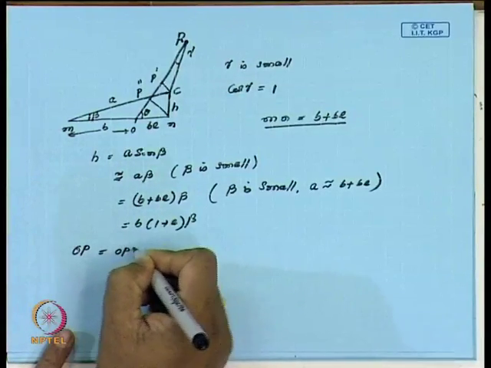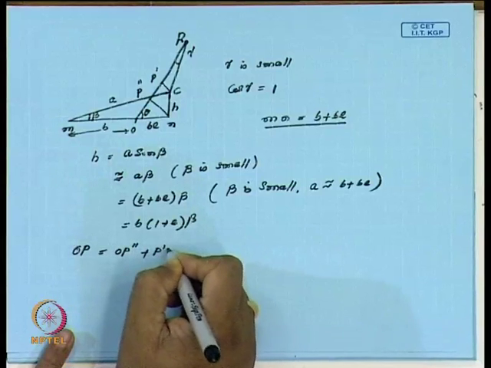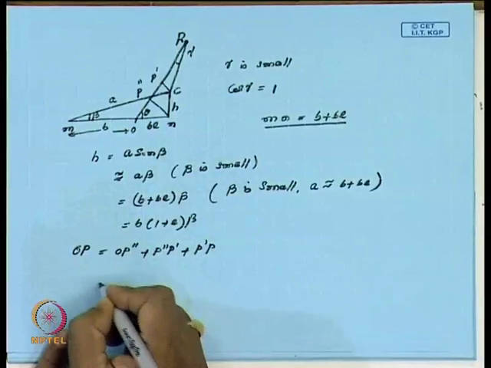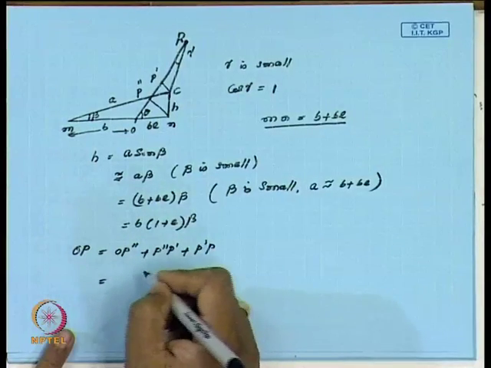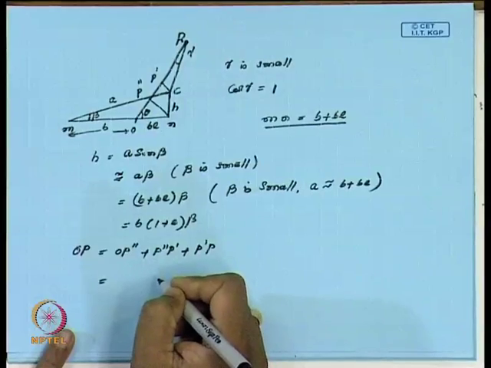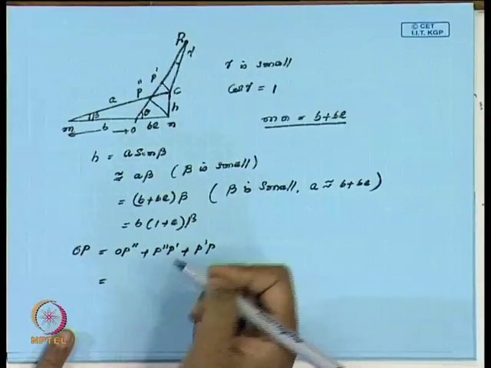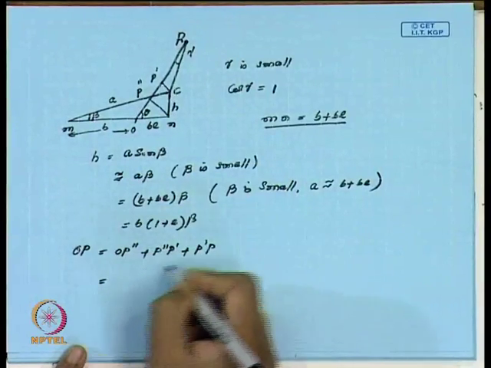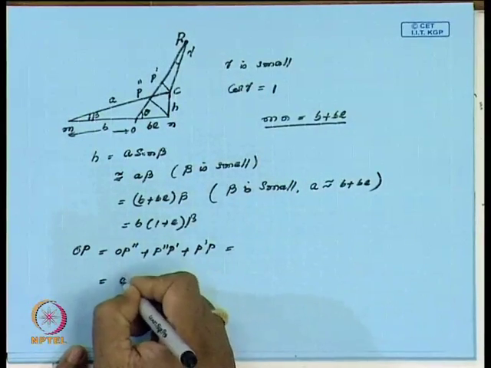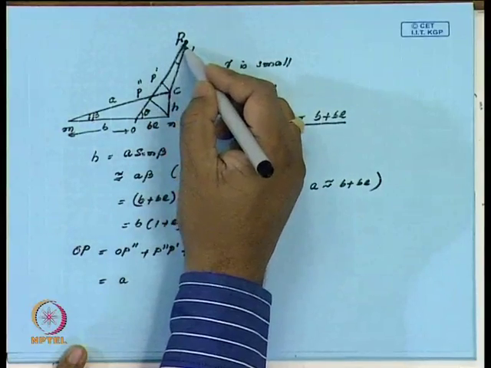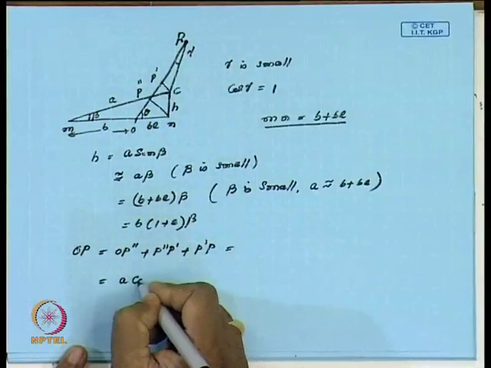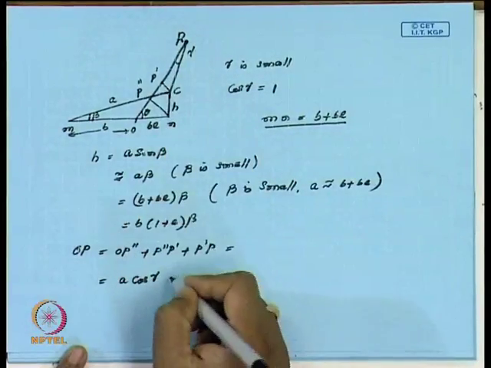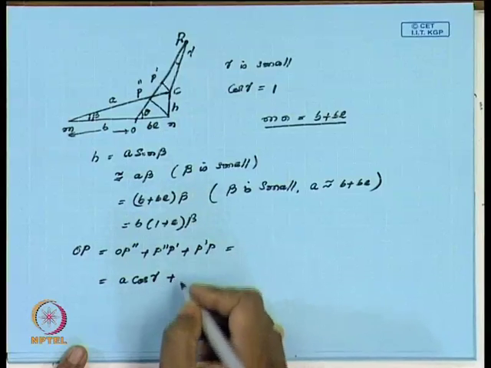Now, what will happen to OP? OP is OP double prime plus P prime double prime P prime plus P prime P. P prime P is A cos gamma, because this is A and this angle is gamma, plus P prime P double prime.